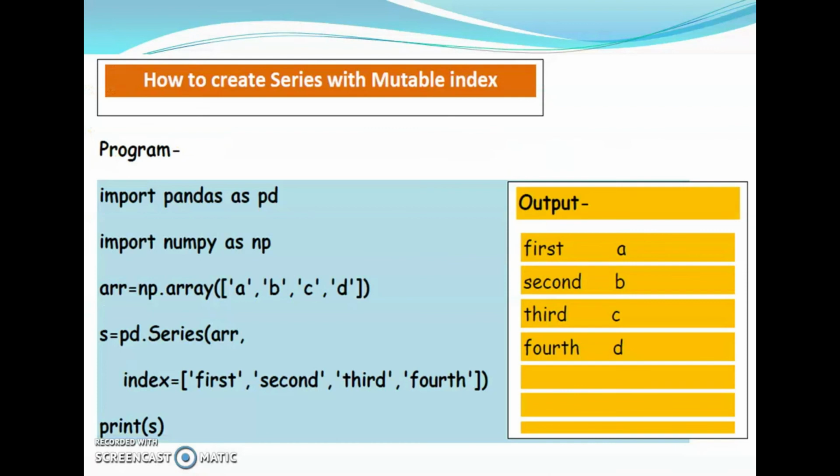Then how to create a series with mutable index? Mutable index. We can change the index values. Import pandas as PD, import numpy as NP. ARR is equal to NP dot array ABCD. This is the array. These values are ABCD.